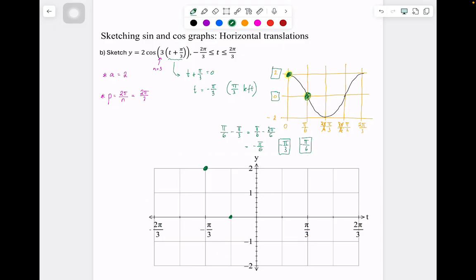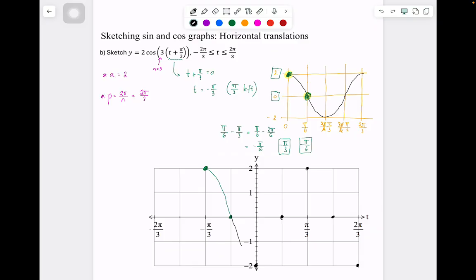And from there, our pattern continues on. So I'll draw this in first. Then our pattern continues for every increment. We go down to negative 2, back up to 0. At pi on 3, it's back up at 2. And we continue all the way until we reach our endpoint of 2 pi on 3.